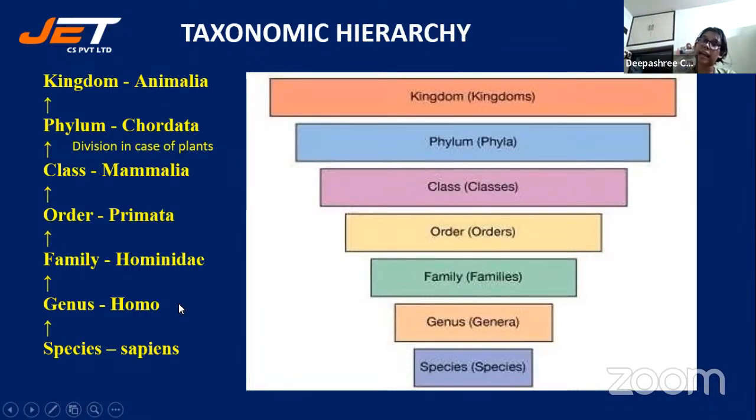So from this taxonomic hierarchy, if we know the entire hierarchy of an organism, we can know where these two organisms are differentiated. If you see the chimpanzee, you can see that the chimpanzee may be different from the family level only. They have a different genus, and species is always different.